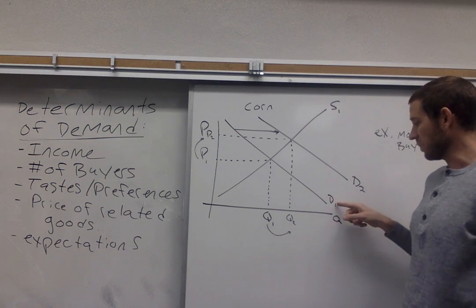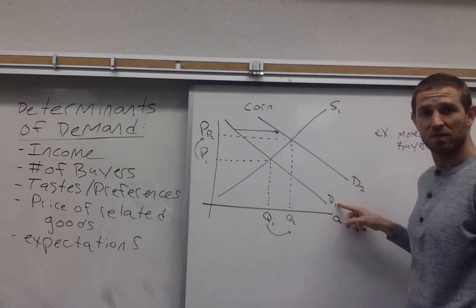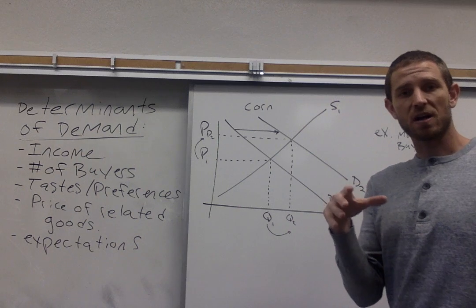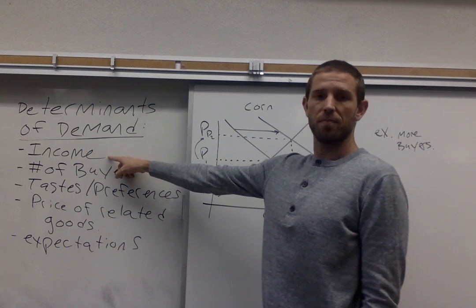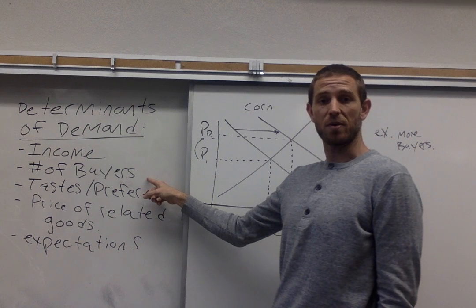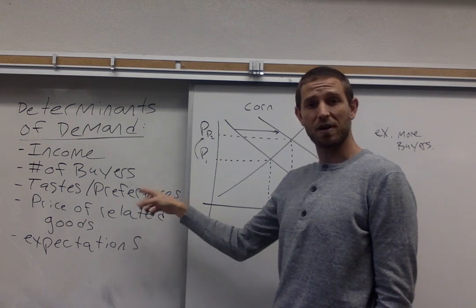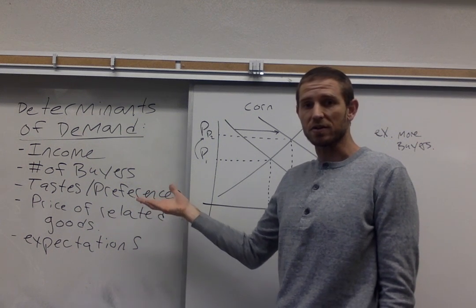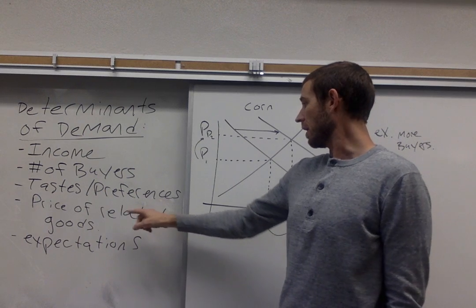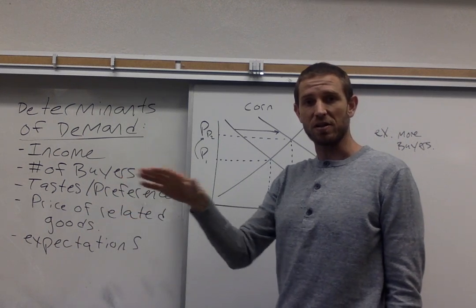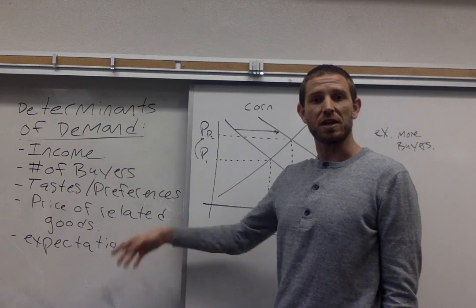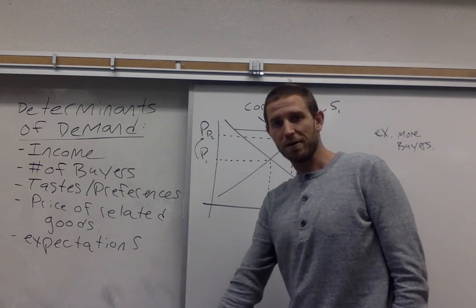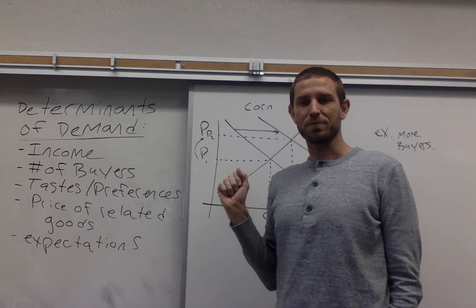What that means is that when I draw D1, this demand curve for corn, it's drawn based on what I know right here, right now, about buyers' income, about the number of buyers that are in the market, about tastes and preferences for corn, so to say how people feel about the good, the price of related goods, so maybe other crops or things like that, and people's expectations. Do they expect corn to get cheaper, or more expensive in the future?